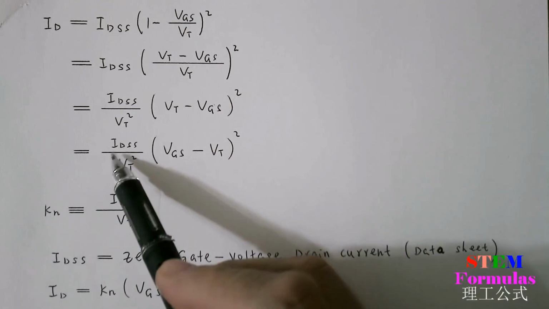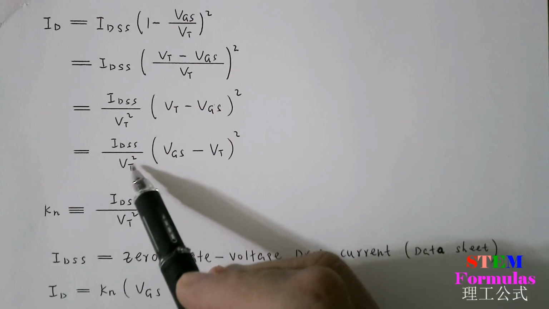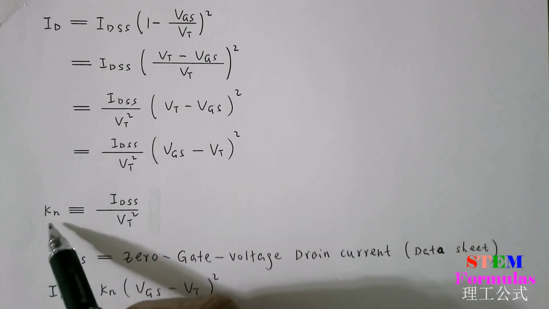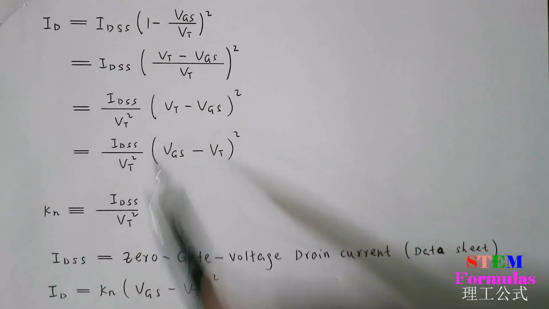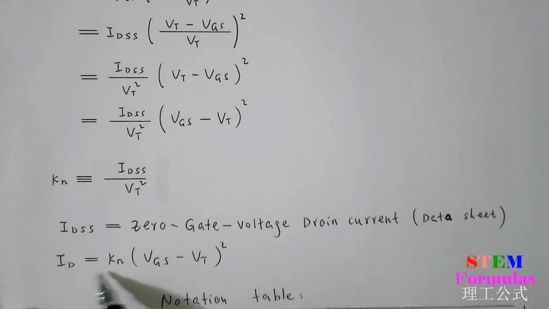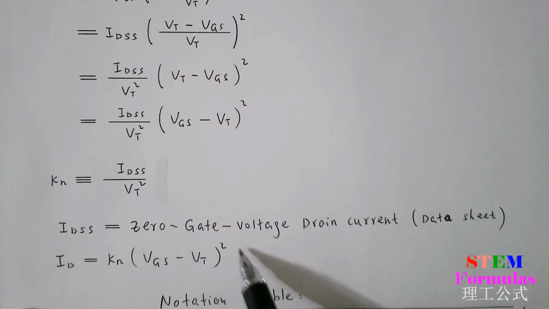If we define IDSS divided by VT square as Kn, then we can write ID as ID equal to Kn times VGS minus VT, squared.